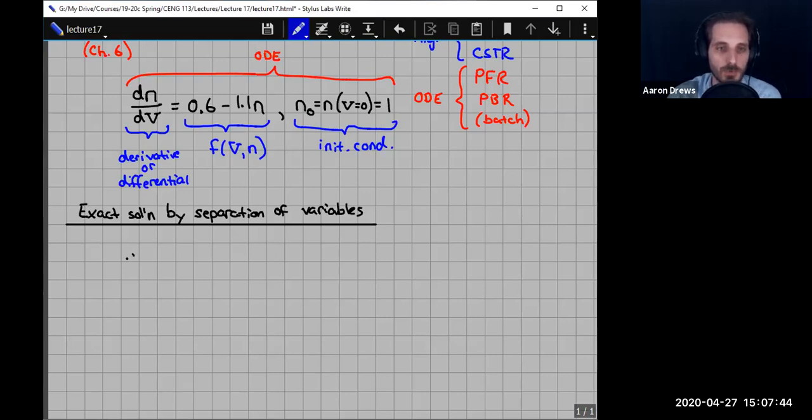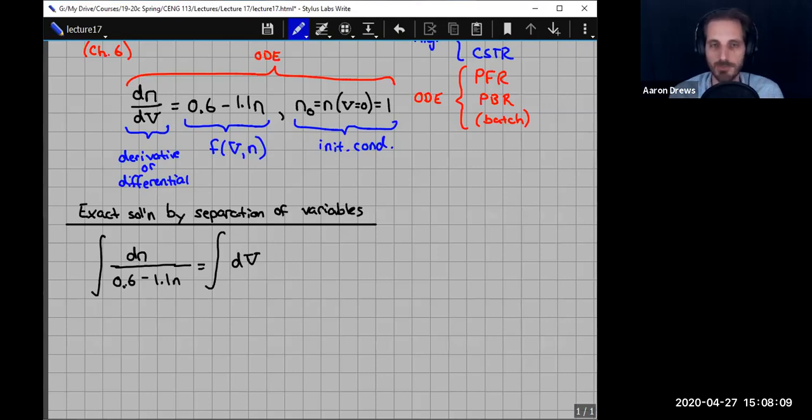So if we move everything with n over to the left-hand side, we'll have 0.6 minus 1.1n. And we'll set that equal to everything else, which is, in this case, just dv. So separation of variables says I can now integrate this, right? And now I just integrate the left-hand side and I integrate the right-hand side.